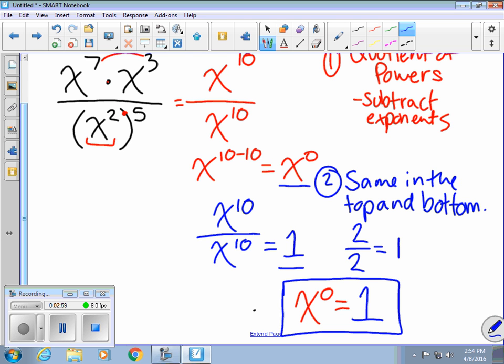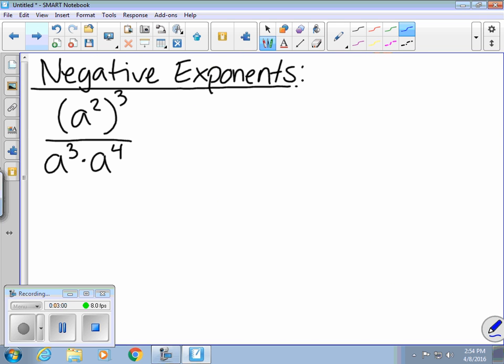The second thing that we're going to take a look at here is the idea of getting a negative exponent. So again, we're still going to use known patterns that we've already observed. And so in the top of this expression, we again have a product of powers. And so since it is a to the 2nd power happening 3 times, I can multiply those exponents.